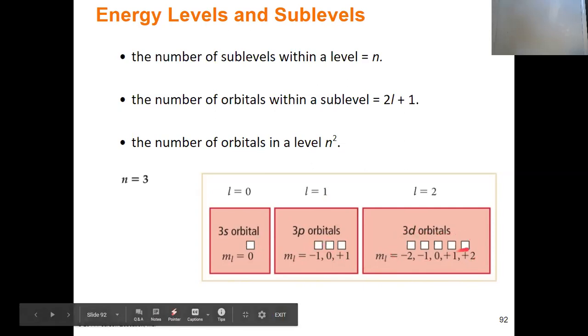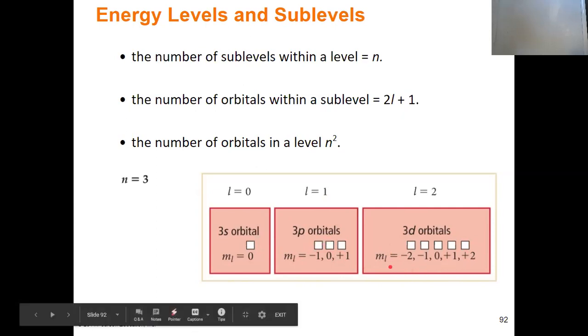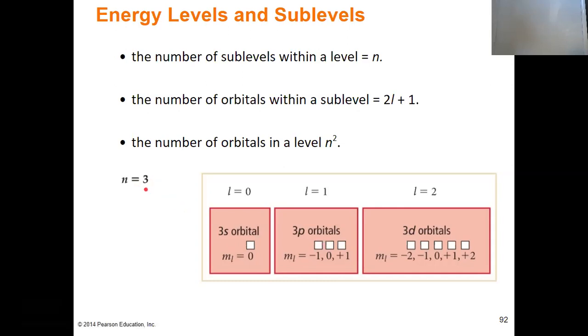You have 5 orbitals present there. So your total amount of orbitals in an n equals 3 level is 5 orbitals plus 3 orbitals plus 1 orbital, or 9 orbitals. Okay, what's 3 squared? That's 9. All right, so those are 2 equivalent ways to figure out the number of orbitals in any particular level.